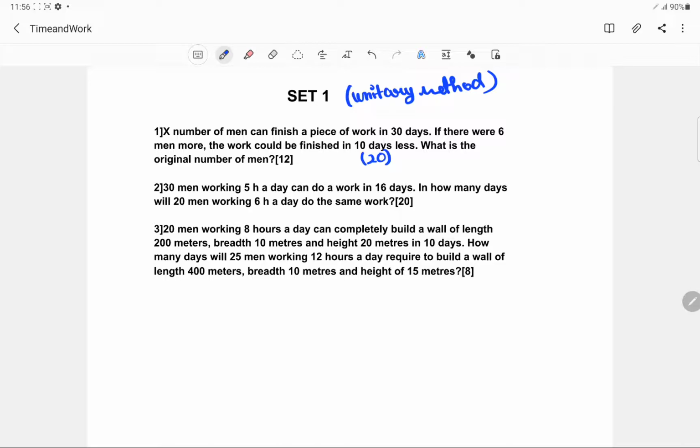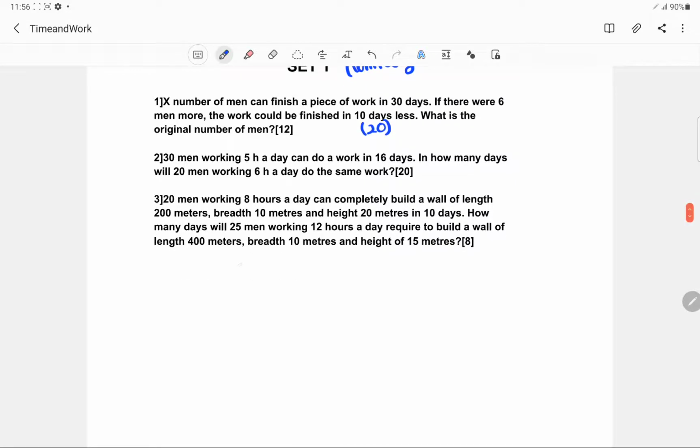Okay, so see, nothing is unknown over here, but we just have to find the value of x. So you could do it very simply. So x men are doing the work in 30 days. Okay, so one man would do that work in, of course, more number of days.